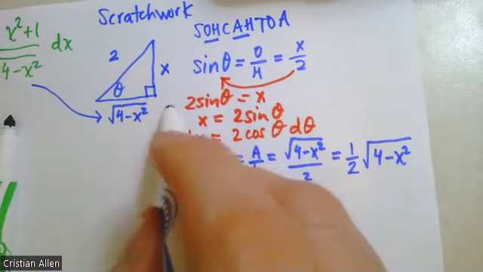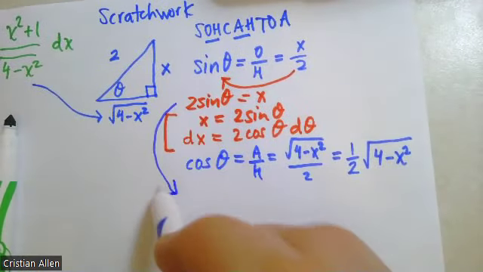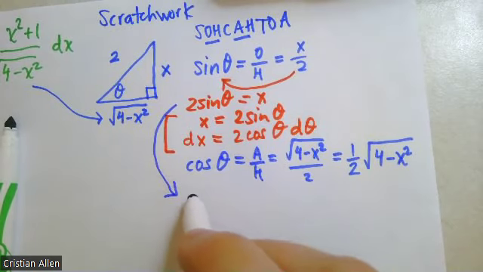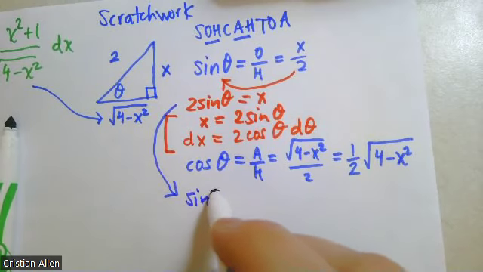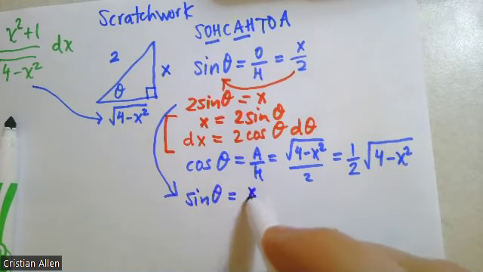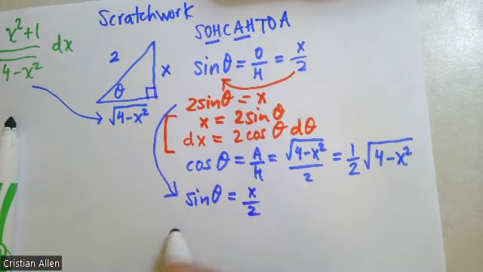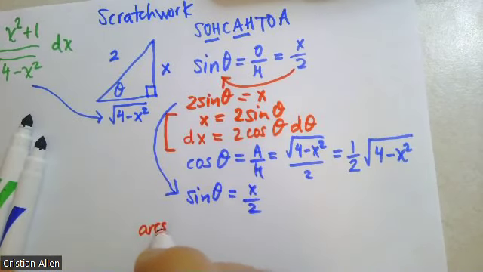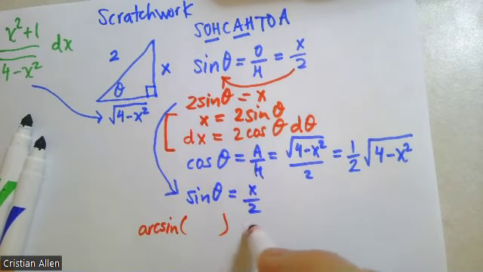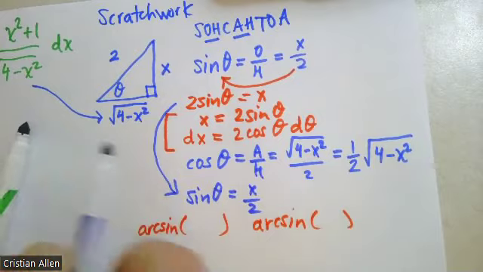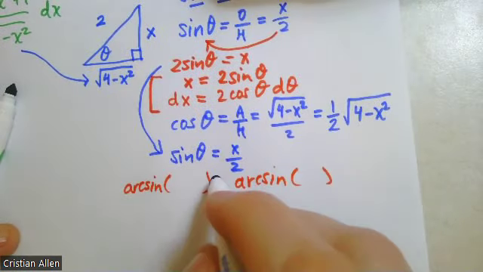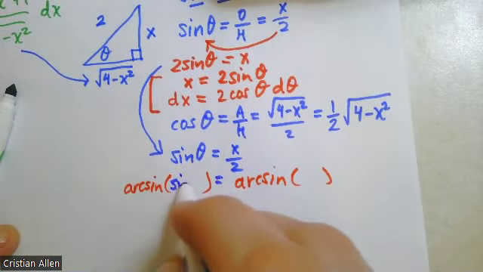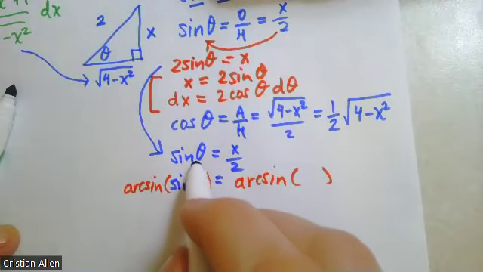Okay, also, we want to solve this equation for theta. So we'll get rid of the 2 by dividing it to the other side, and then we'll take an arc sine of both sides. So arc sine, the purpose of this is essentially to solve for the theta.